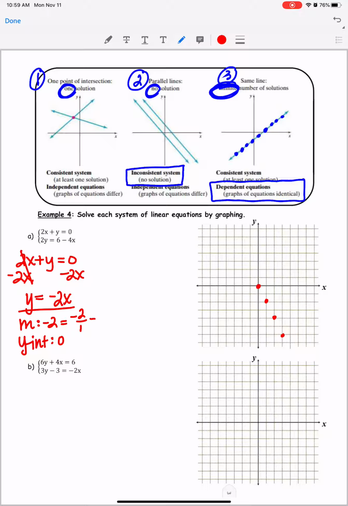So now let's switch that sign and make that 2 over negative 1. From this point, I'm going to go up 2 and run a negative 1. Up 2, run a negative 1. All right, so there's my graph.